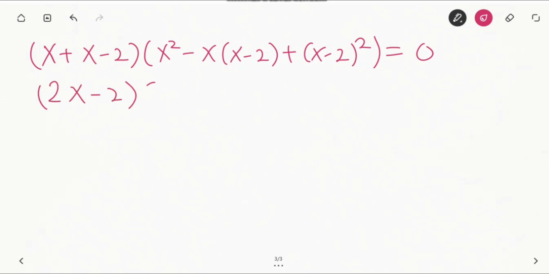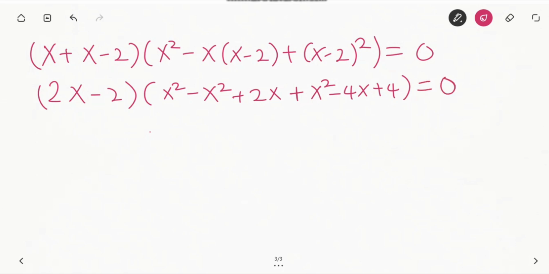Here we also have x squared. When we open the bracket, here will be minus x squared; minus times minus will be plus 2x. Expanding, we have x squared minus 4x plus 4. We close it, equals 0.